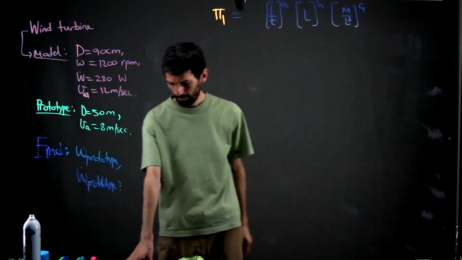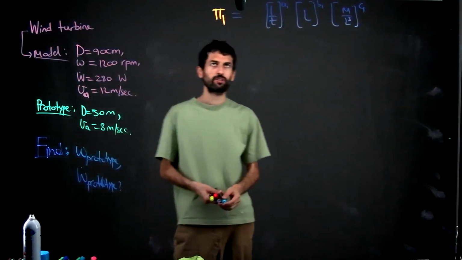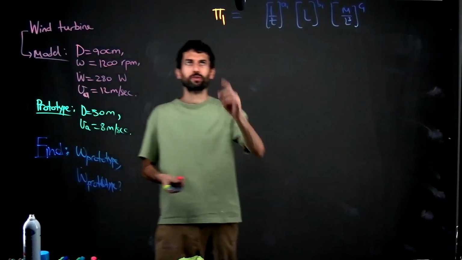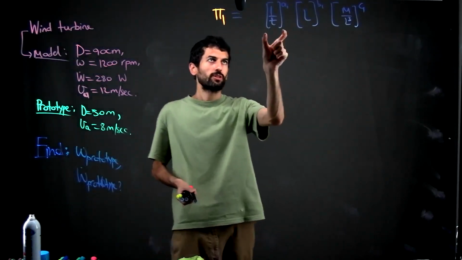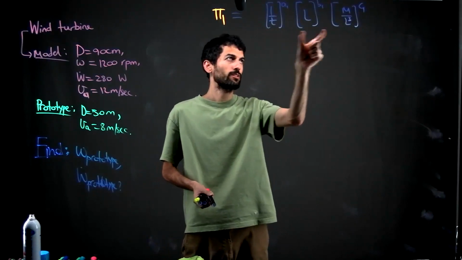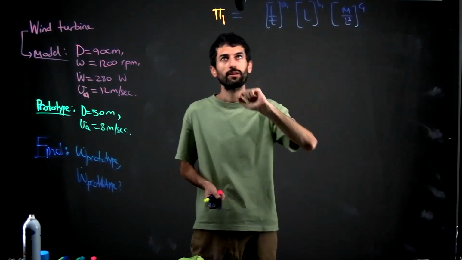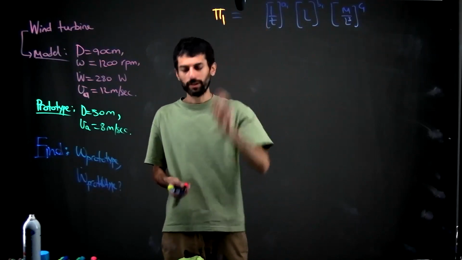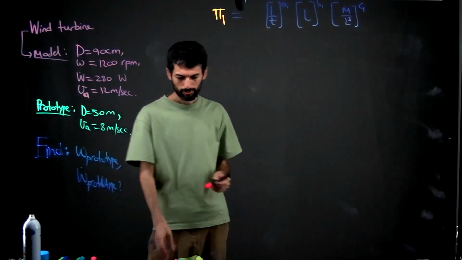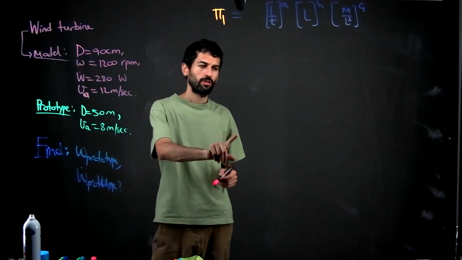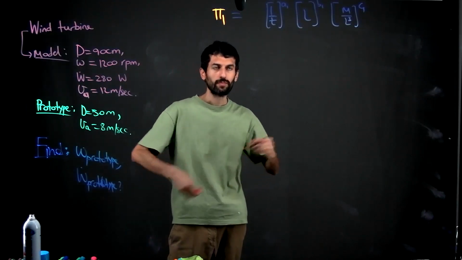So now the time is to generate the non-dimensional numbers. The first one is that we will just put the repeating parameters with the unknown exponents of a1, b1, and c1. We will just write the remaining variable here, either work power or the velocity.